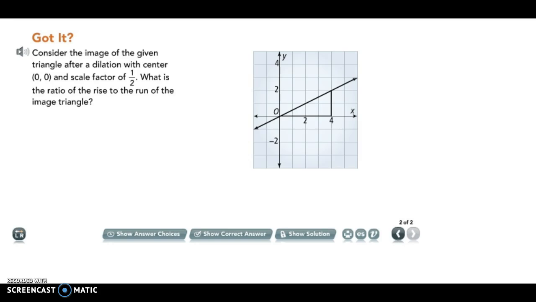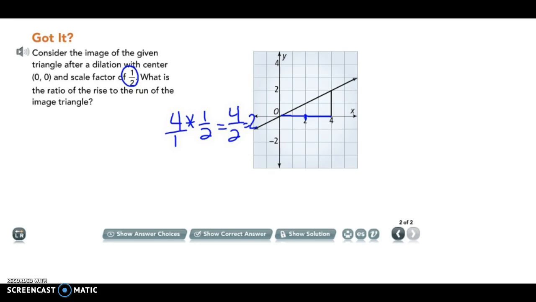So using the rise over run information, we're going to take this one with a scale factor of 1/2. So this length right here is 4, so I'm going to cut that in half. 4 times 1/2 is going to be 2, or you can say 4 over 2, still 2. So in half is going to be here.